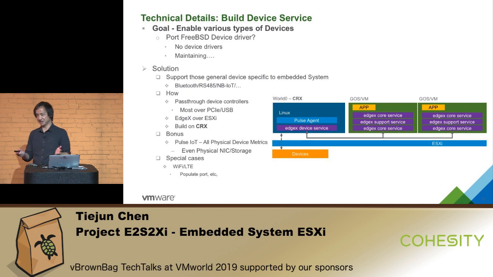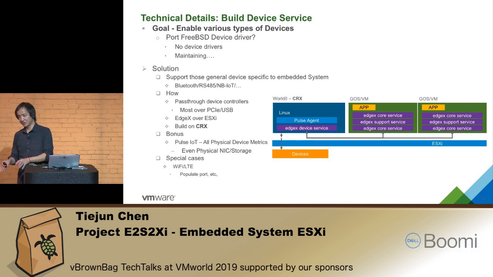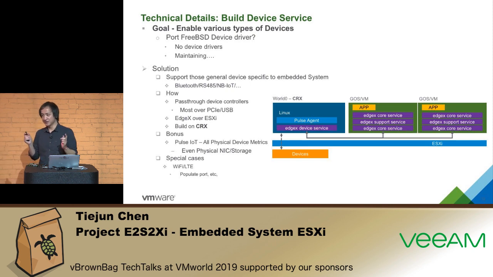How can we enable these devices? Maybe one way is straightforward: we need to write the device driver. But that means you need to write the device driver, you need to maintain it, you have to update it. I think it's a terrible nightmare. I don't like that.